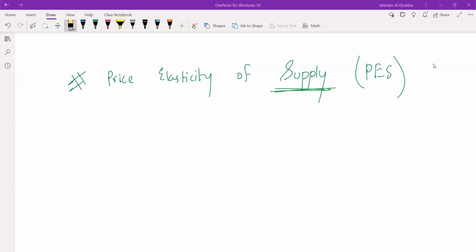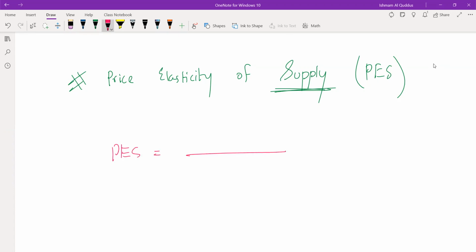So PES is calculated in the same way that we did for PED. However, this time we are going to use the term quantity supplied and the price of the supplied goods. So PES can be calculated like this.